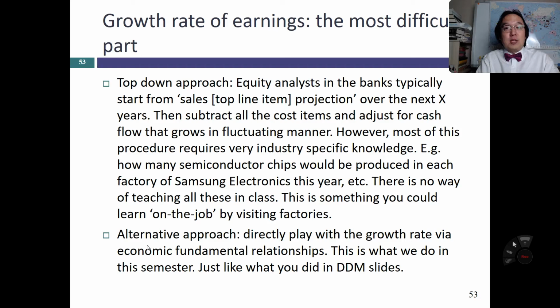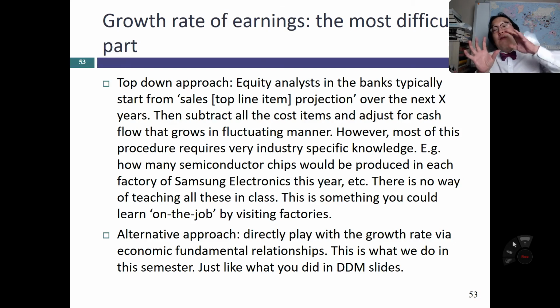The alternative approach is the thing we teach, right? Because this one directly plays with the growth rate via economic fundamental relationships. This is what we do in this semester, just like what you did in the DDM model. Remember, growth rate in net income should be ROE times retention ratio, that kind of thing.